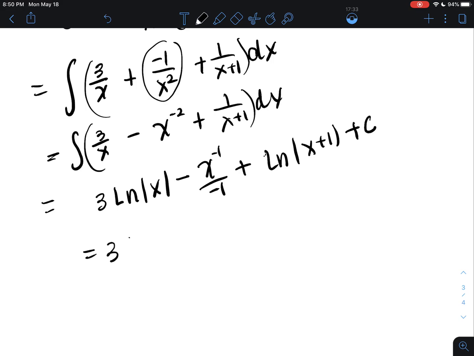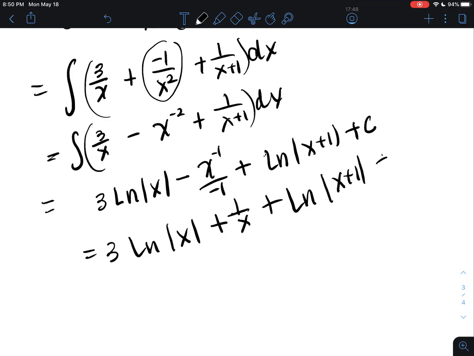This will give me 3 natural log of the absolute value of x plus, I'm just going to write it as 1 over x plus natural log of the absolute value of x plus 1, plus c. Now what I have here is kind of like the quotient rule, but this time it's addition, so it's a product rule.